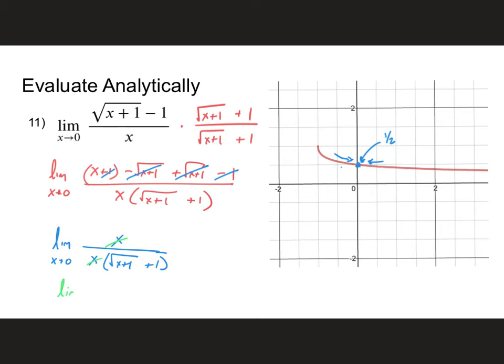So one more time simplifying it down, I end up with the limit as x approaches 0 of 1 over the square root of x plus 1 plus 1. This is something I can plug 0 in for and end up with an actual answer. So let's see, what do I get? I end up with, check that out, 1/2, the thing that I thought I should get the whole time.